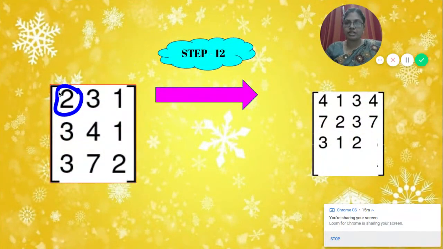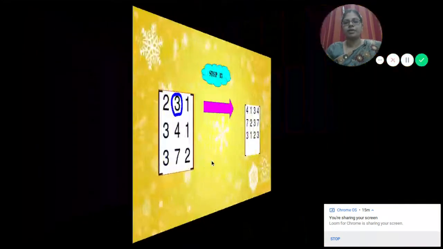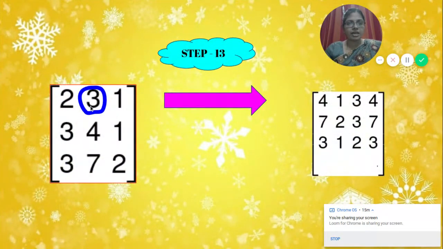Now I have taken the first element of the 3 cross 3 matrix, that is A11, and written it in the third row, third column. Again, I am taking the center element of the first row, that is A12, and written it in the third row, fourth column.